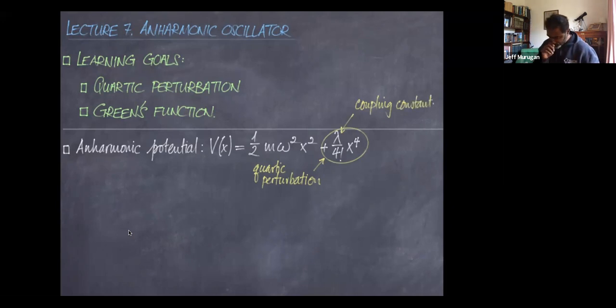Typically what we do here is we assume that lambda is small and we want to construct a perturbation series in lambda and perturbatively evaluate quantities that we're interested in, things like the propagator or other observable quantities. We'll get an expression in lambda, which will allow us to evaluate term by term the corrections to the harmonic oscillator that come from this quartic perturbation.